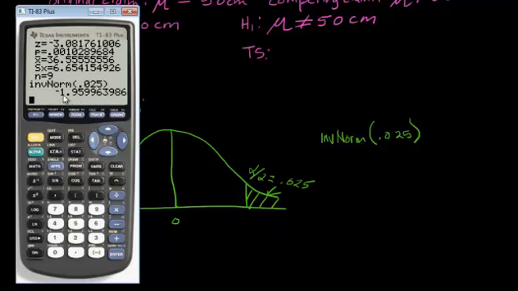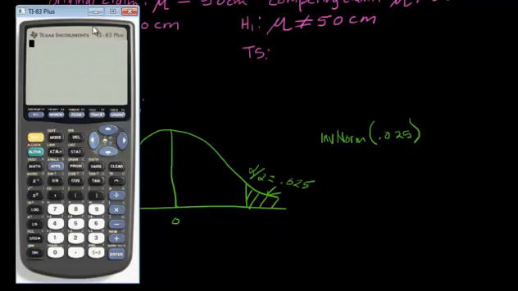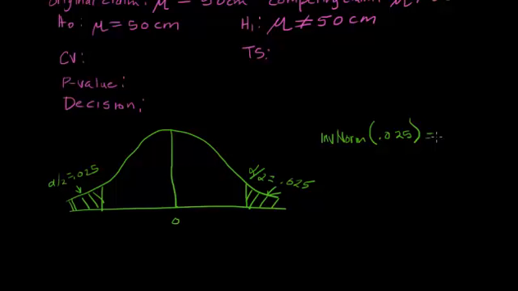And this is the common critical value of negative 1.96. Let's click that. Okay, negative 1.96. So this is negative 1.96, and that means this is positive 1.96. And so our Z critical value is plus or minus 1.96. We have 2, so that's how we can indicate that, with the plus or minus.